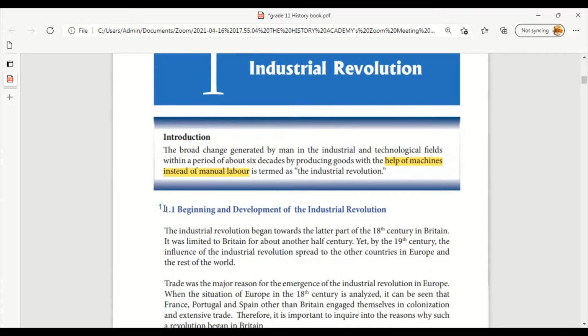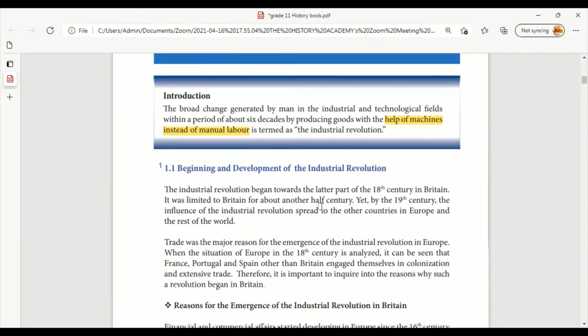So in the first part, let's study the beginning and development of the industrial revolution, right? The industrial revolution began towards the latter part of the 18th century in Britain, right? At the beginning, it started in Britain. Even for another half century, that means for 50 years, the industrial revolution was still in the hands of Britain, and no other country practiced it.